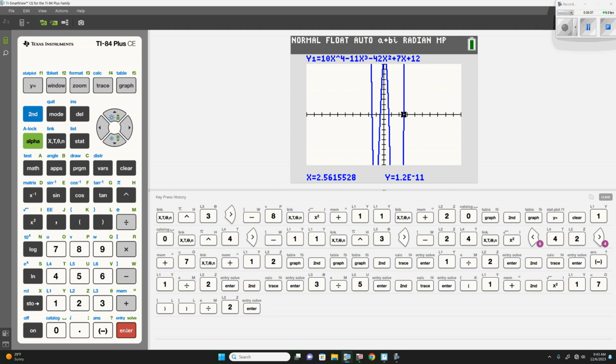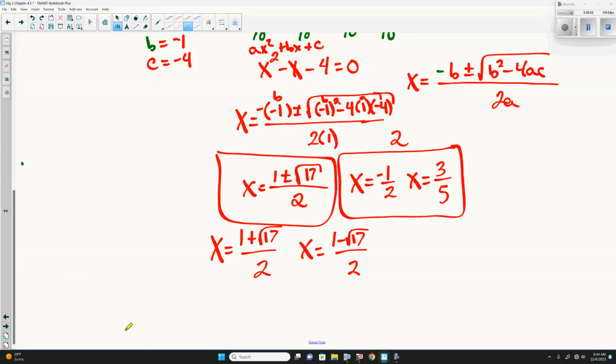Now y equals 1.2 e to the negative 11th. We've seen this once before. But what that's saying, and I'll put this over here in this yellow color, 1.2 e negative 11 is really saying that we have 1.2 times 10 to the negative 11th, which is 1, 2, 3, 4, 5, 6, 7, 8, 9, 10 places.